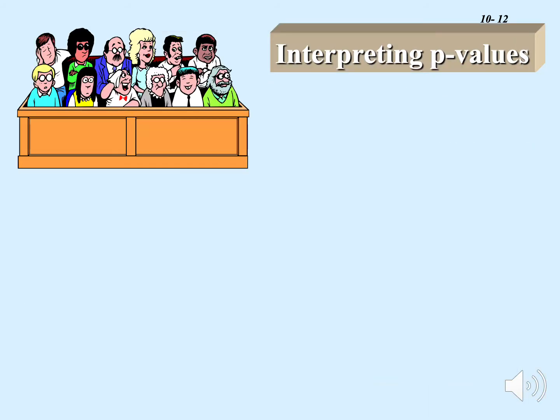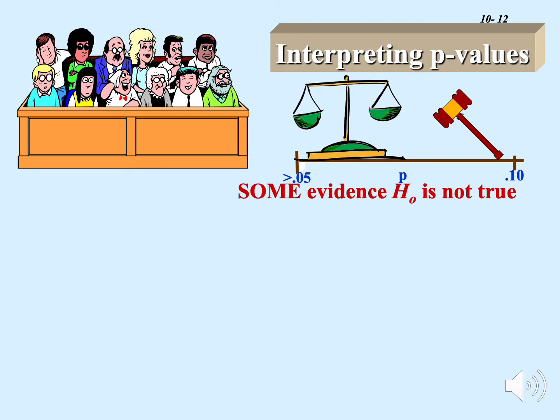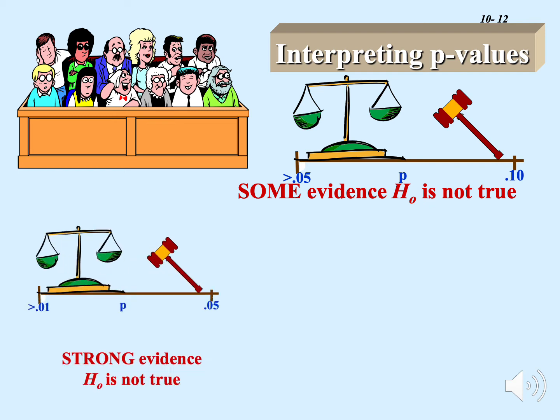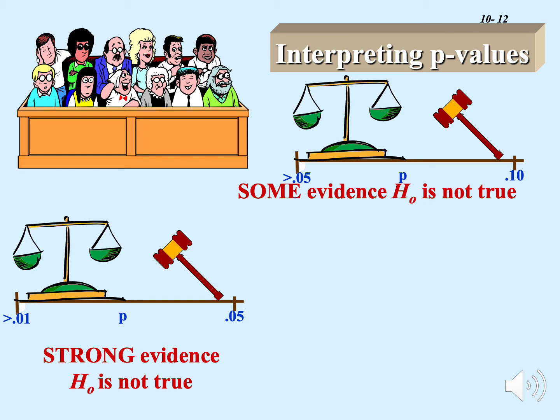Okay, this is how you will also interpret the p-value. So if the p is between 0.05 and 0.10, there is some evidence that H0 is not true. But here, this is on the rejection side. I mean, you reject because it's greater than 0.05, but it's less than 0.10.